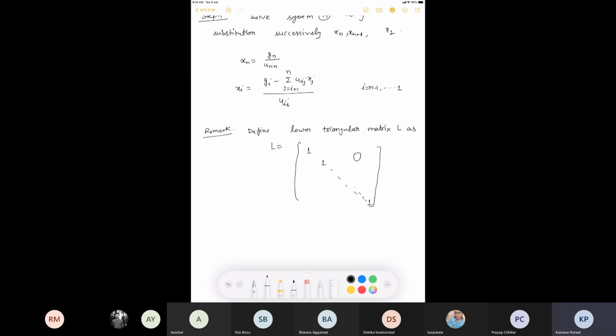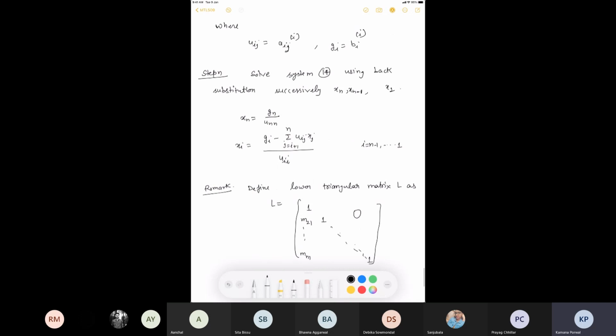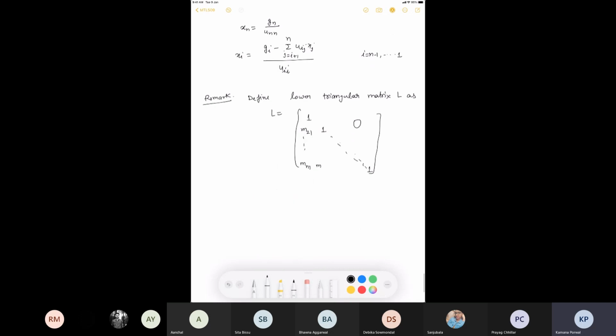And then the upper part is going to be 0. And the entries below the diagonal are formed by the multipliers. So m21, and so on; we have all the multipliers. We have already given indices to the multipliers, right? So you can just put them in the right places.